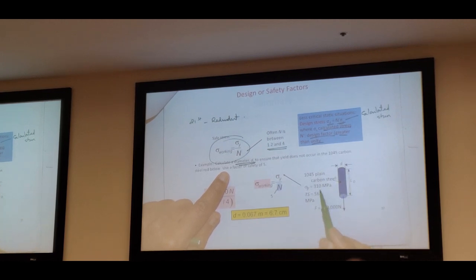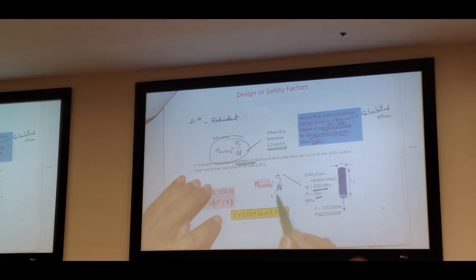Given: yield strength sigma y is 310 megapascal, tensile strength is 565 megapascal, and the force applied is 220,000 Newton.